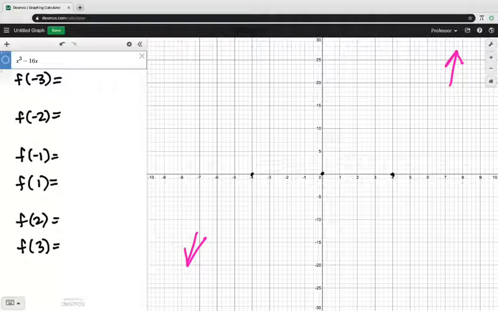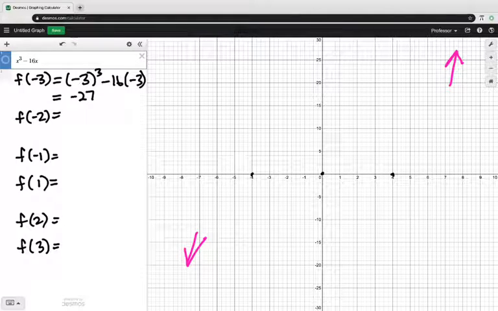All right, and you're just going up to the function and finding good old-fashioned f values. So for f of negative 3, that gives me negative 27, plus 16 times 3, which is 48. And 48 minus 27 is 21.